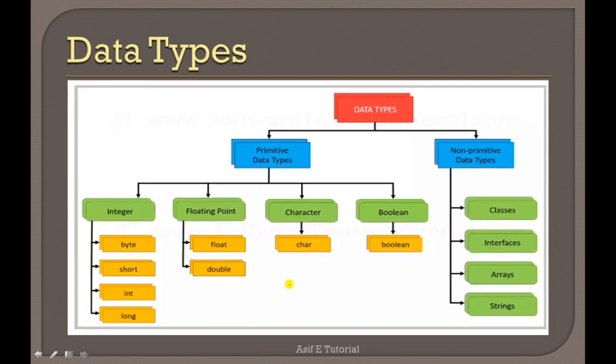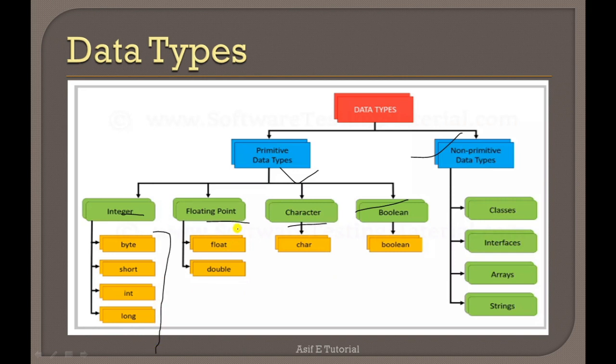So this is the complete structure of the data types. It is divided into two categories: primitive and non-primitive. Primitive can be further divided into four parts: integer, floating point, character, and boolean. Integer is again divided into four categories: byte, short, int, long.